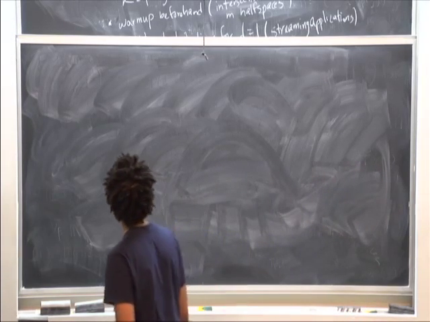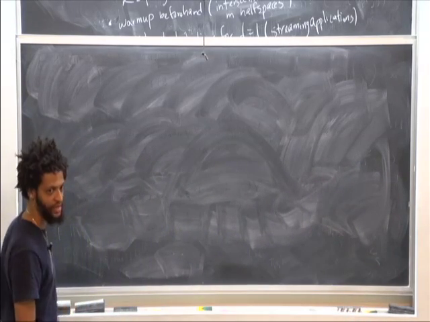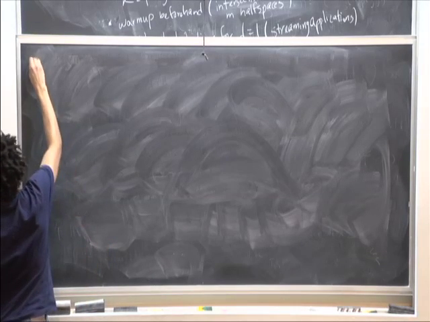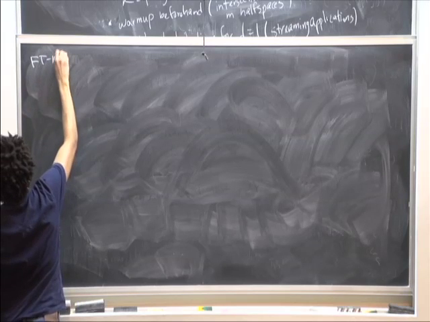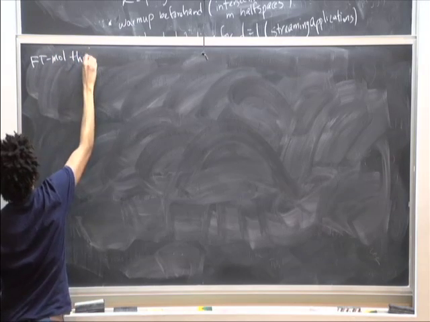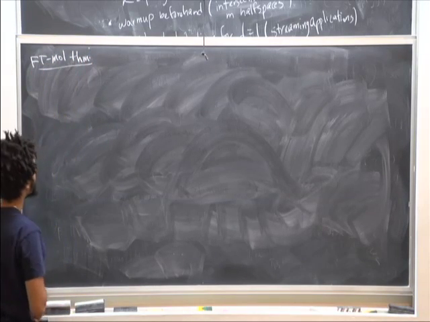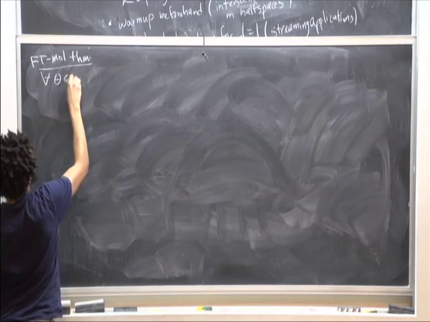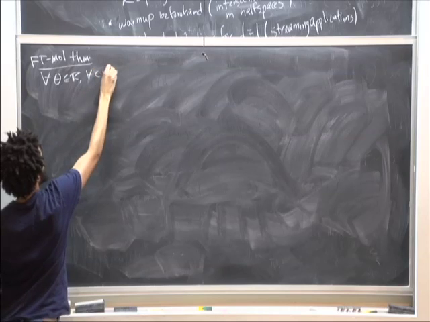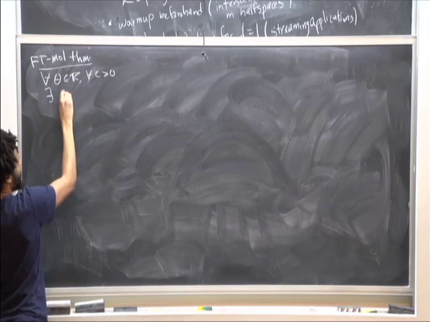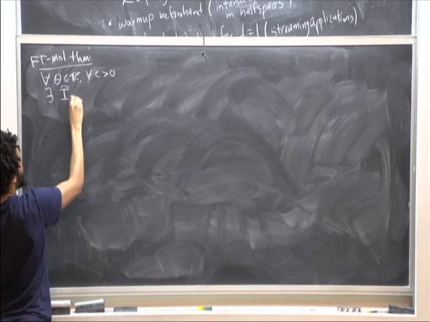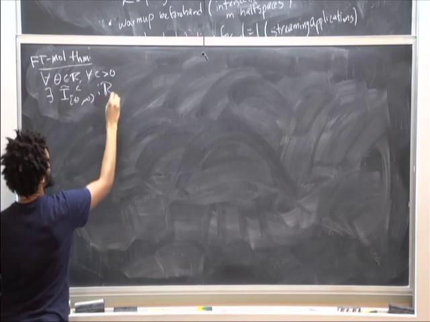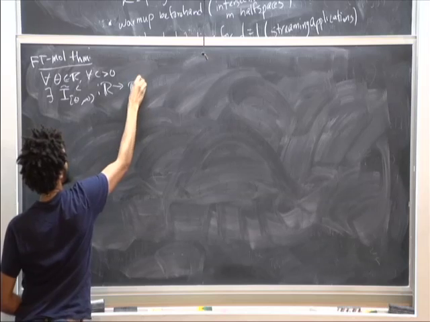Okay. So let me just recap what the proof looked like from last time. So we had this theorem, which I'll call the FT-Mollification theorem, which said that for all theta and for all positive c, there exists a function I tilde theta infinity c mapping the reals into the non-negative reals.